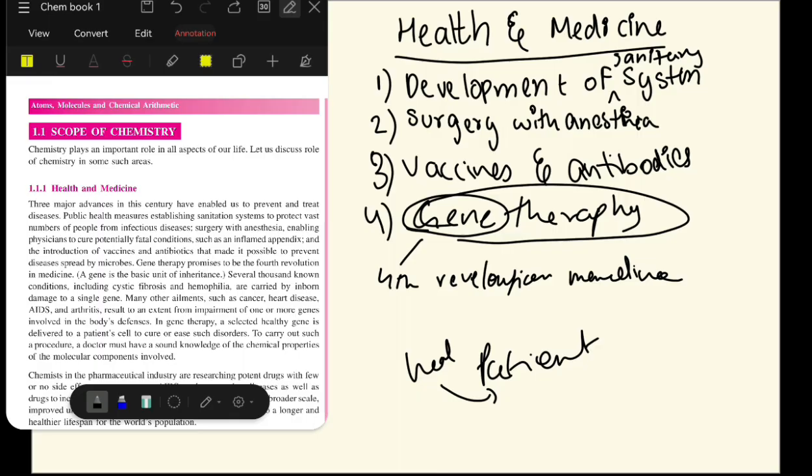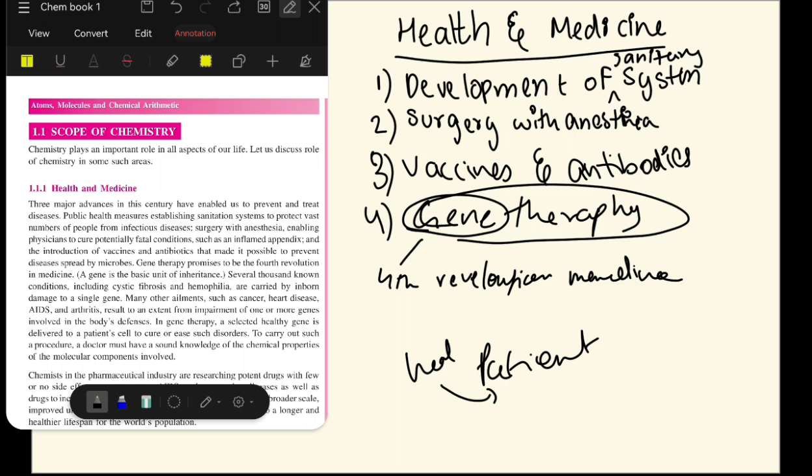This helps us prevent, or it also helps us cure such diseases or disorders. But in order to do such a treatment, in order to learn how to put the gene inside the patient's body, doctors need to have basic knowledge of chemistry.